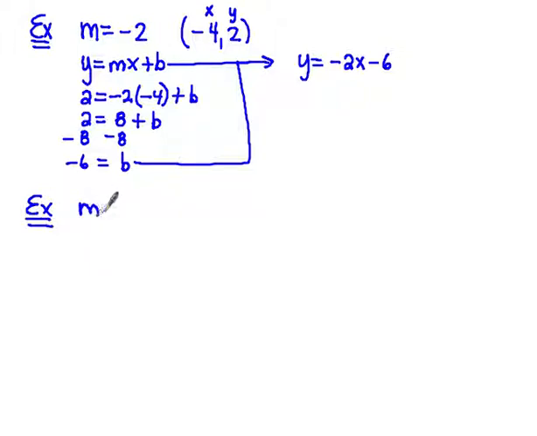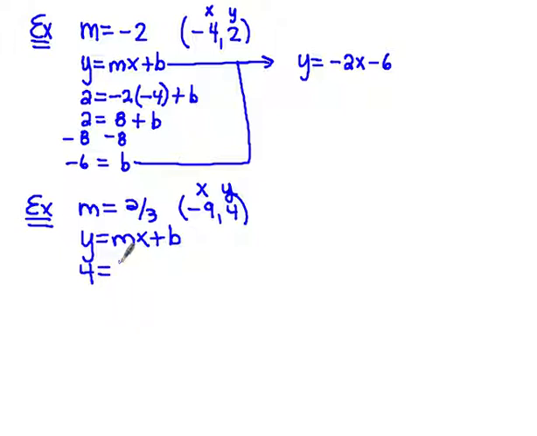Let's say that the slope is equal to 2/3, and that it goes through the point -9, 4. Again, y equals mx plus b. -9 is an x, 4 is a y value, so I have 4 equals 2/3 times -9 plus b. 3 goes into -9 3 times, so I've got 4 equals 2 times -3 is -6 plus b.